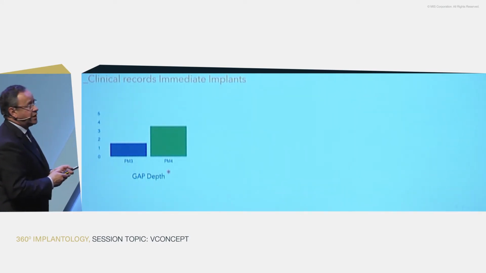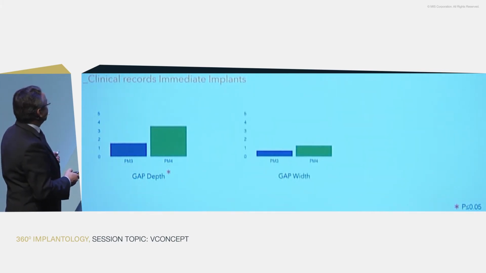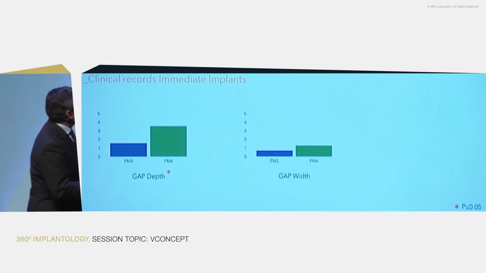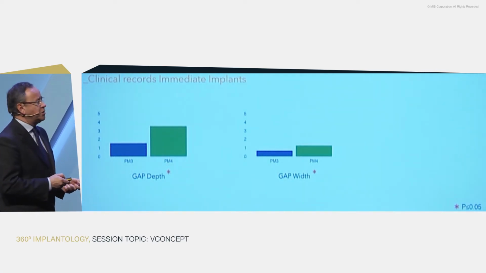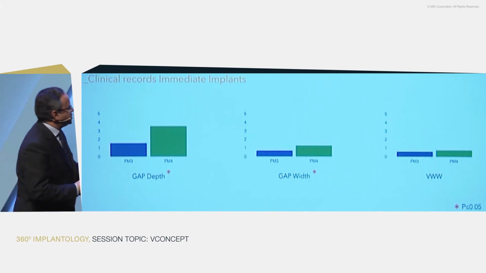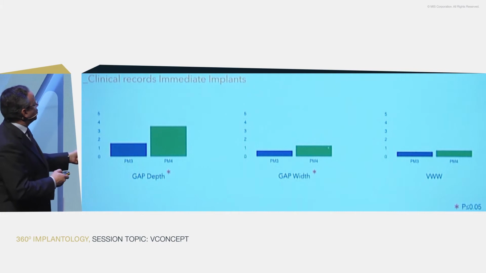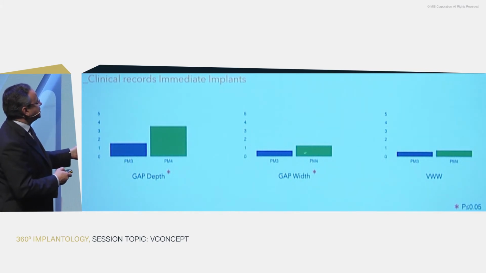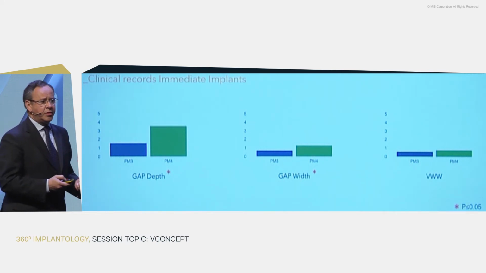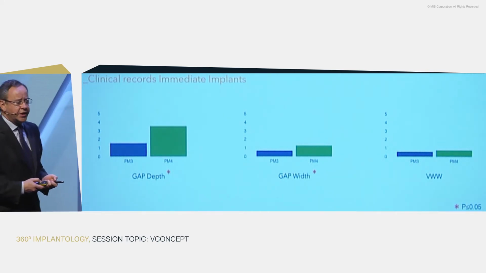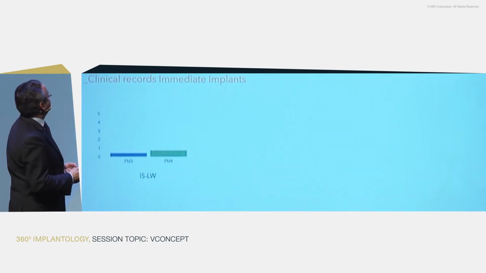When we analyze in the immediate implant sites the implant of the gap, you can see differences between the sites were not very important. Mostly what was important for us was in terms of the horizontal measurements that you see. Of course, the distal premolar has a bigger gap. This also happens in humans, depending on the tooth that you are placing your immediate implant.